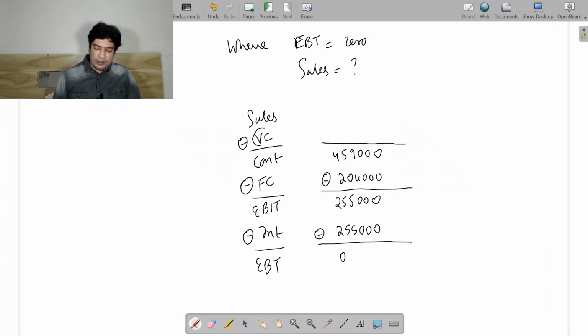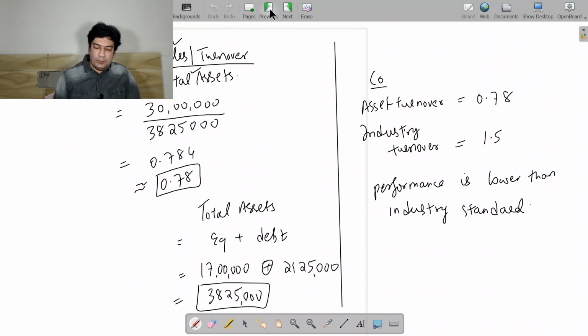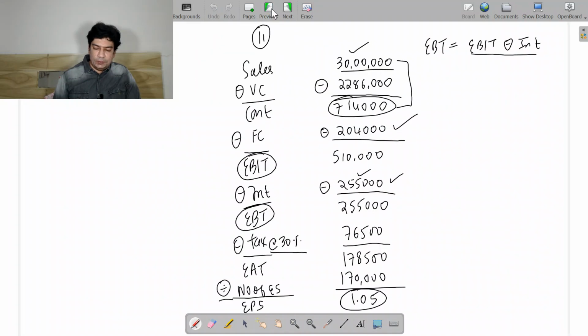Now we need to find the variable cost as a percentage of sales. Variable cost divided by sales into 100. We have a variable cost of 22,86,000 and a sales of 30 lakhs.